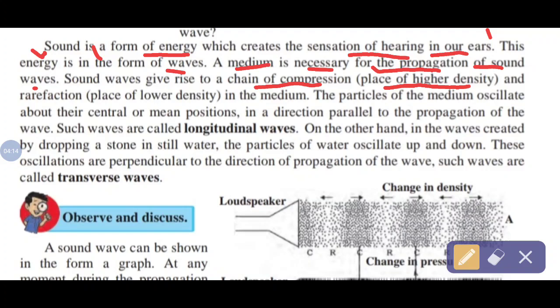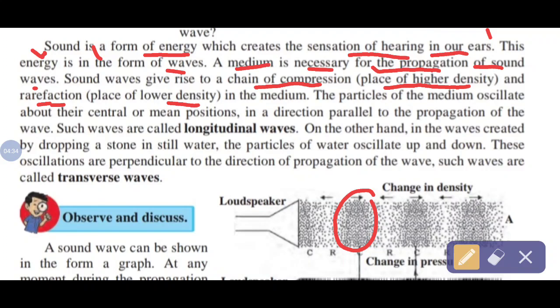Now see in this figure. This is a compression, and these are rarefactions. These two new words are related to sound. Compression means a place of higher density and rarefaction is a place of lower density in the medium.